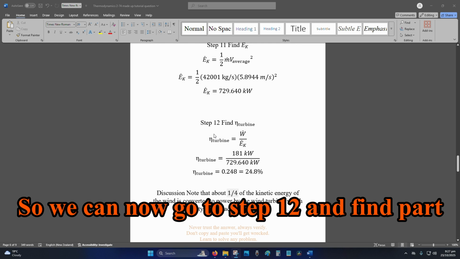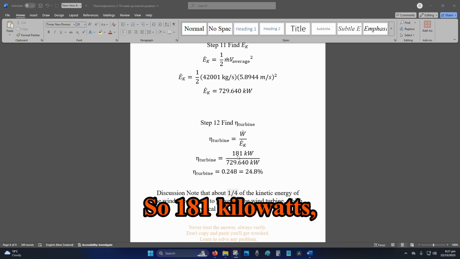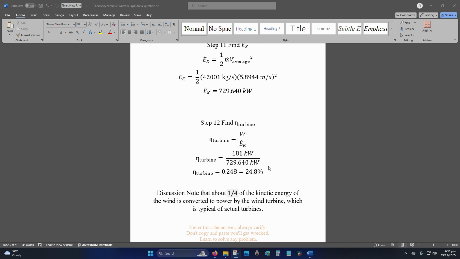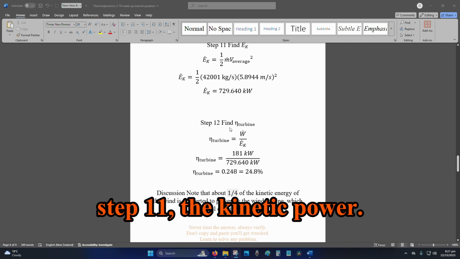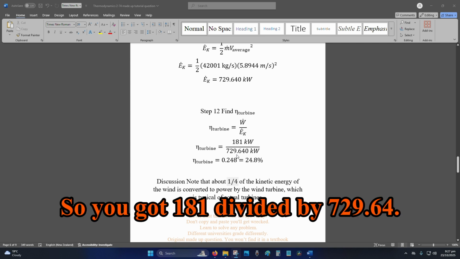So we can now go to step 12 and find part B. Just plug and play. 181 kilowatts, that's given in the question, and we just worked out in step 11 the kinetic power. So you got 181 divided by 729.64.